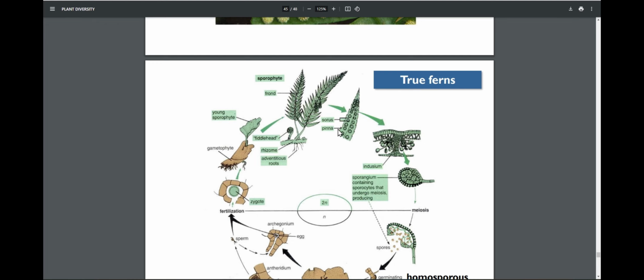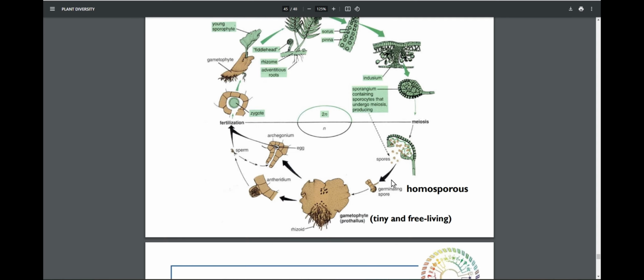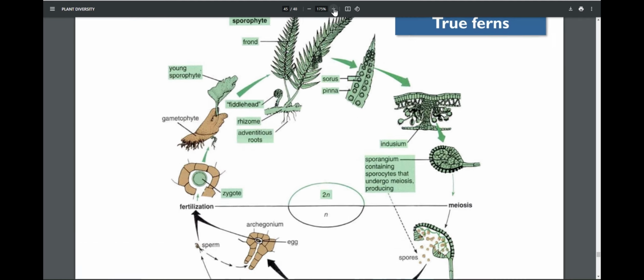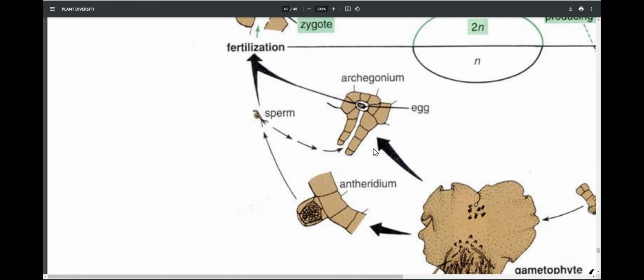Indusium protects the sporangia, and then meiosis produces spores, which germinate into tiny free-living gametophytes that are bisexual, and I'm pretty sure they can self-fertilize. And the sperm here has flagella, so it probably needs water to go fertilize.